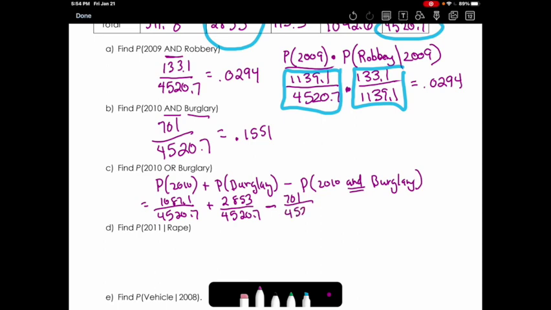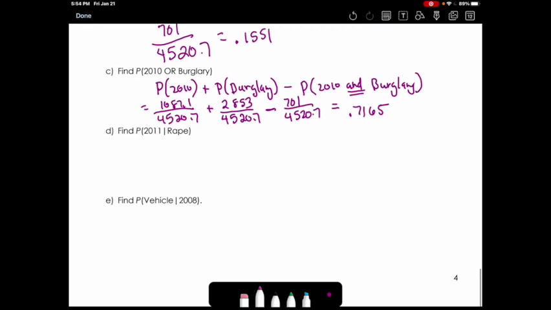So I'm going to subtract off that overlap, which is 701 divided by 4,520.7. When I put all of that into the calculator and I find the decimal rounded to 4 places, I get 0.7165.